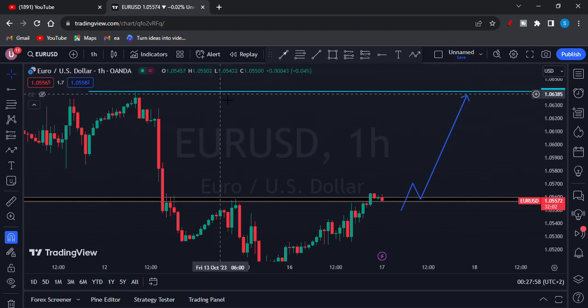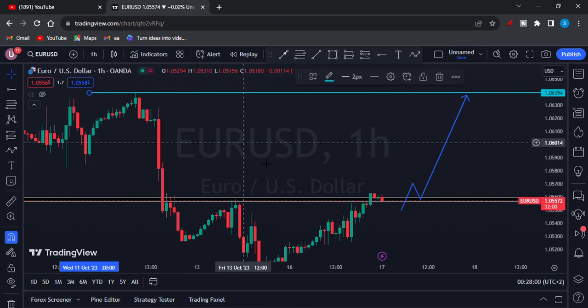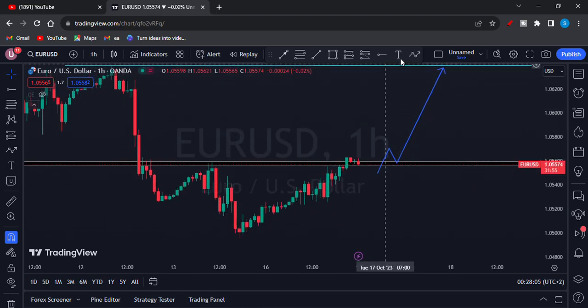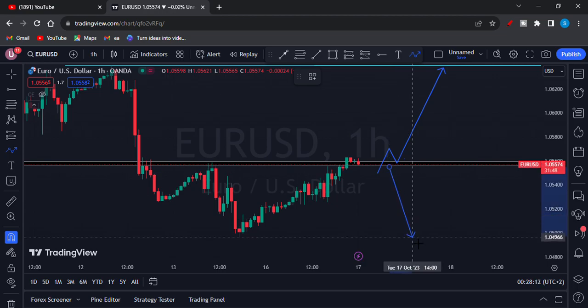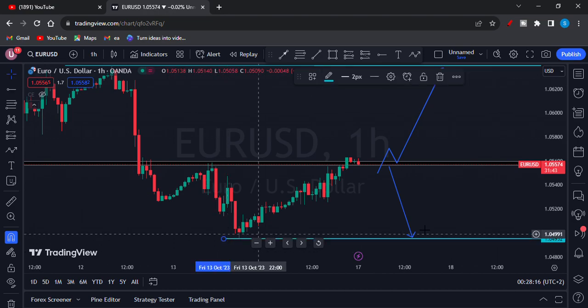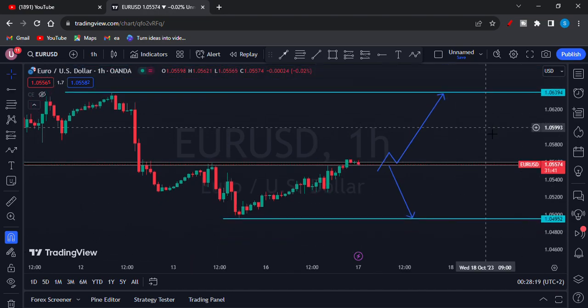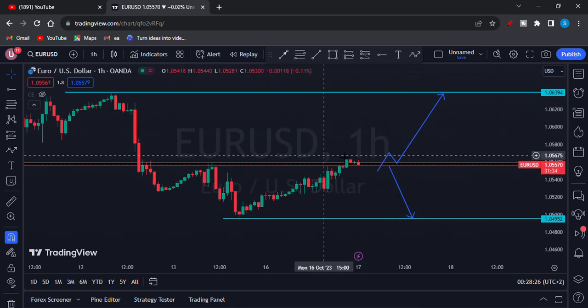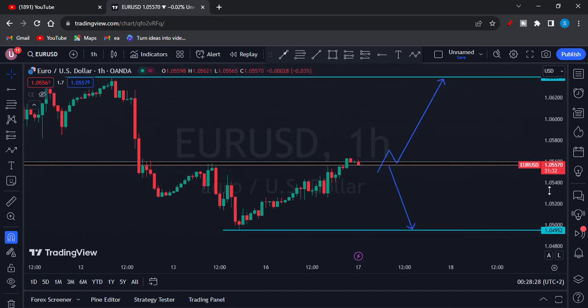Okay, and then if the market decides to sell, then there is a possibility that it can just drop potentially up to there. So that's my analysis for EURUSD, but due to the dollar being bullish, I'm more lean to the downside.